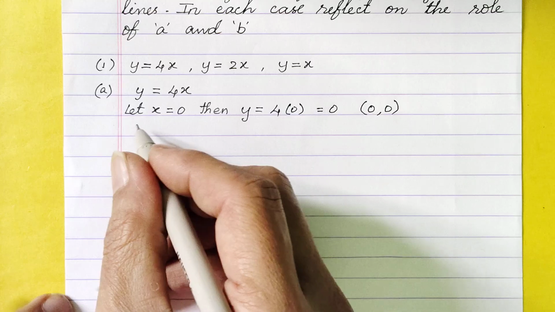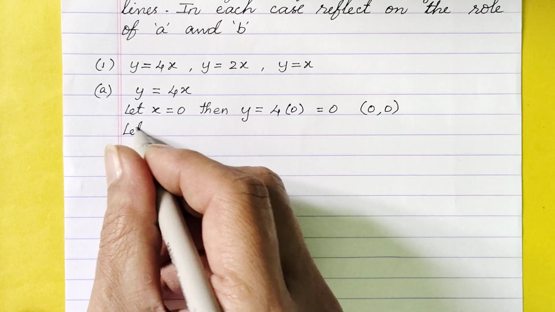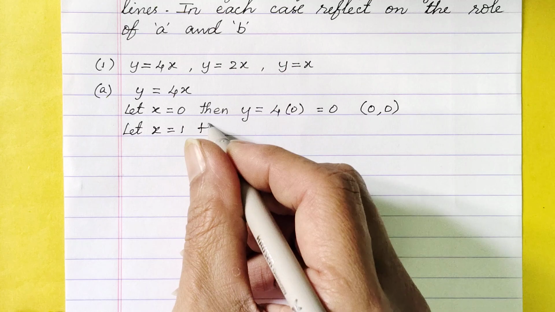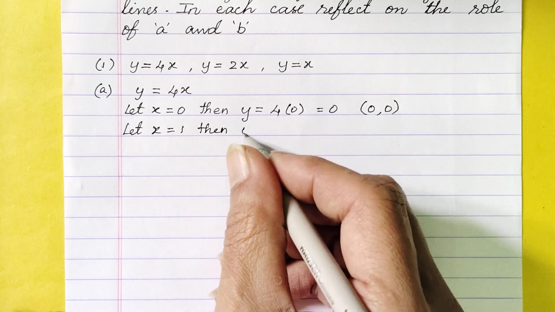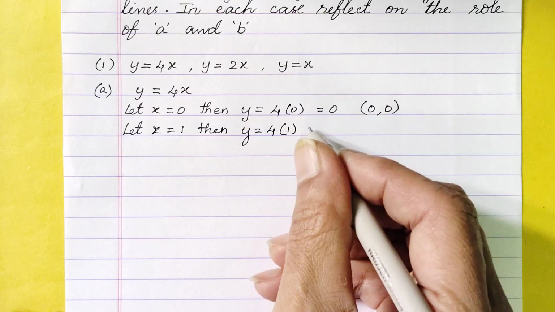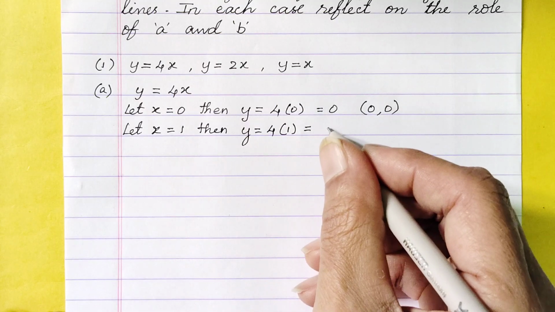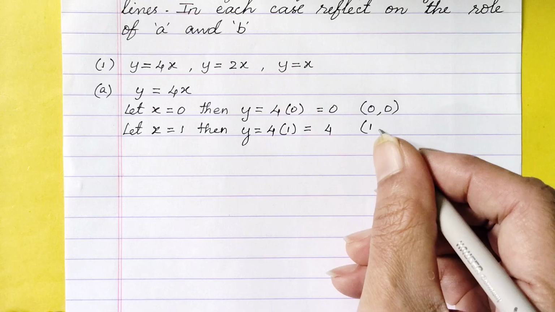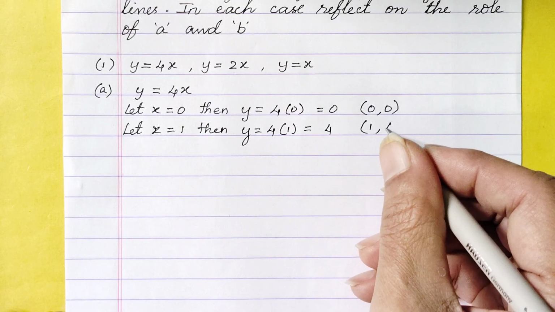Next, let x equal to 1, then y will be equal to 4 into 1, that's equal to 4. So here when the x coordinate is 1, the y coordinate is 4.